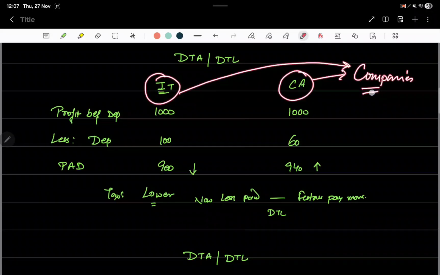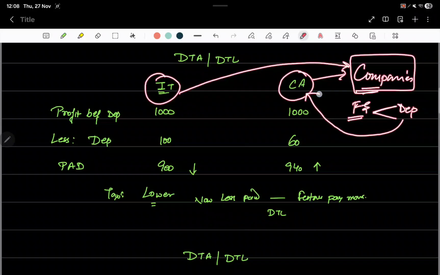Now, the companies have to comply with all these rules while they are preparing their financial statements. When they are preparing their financial statements, they have to charge depreciation as per the Companies Act.